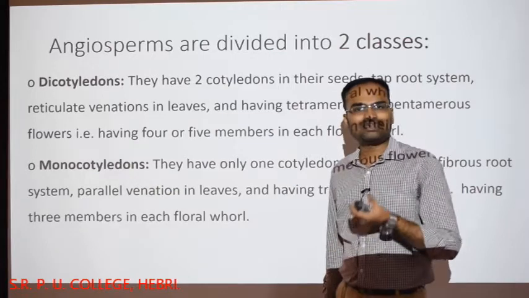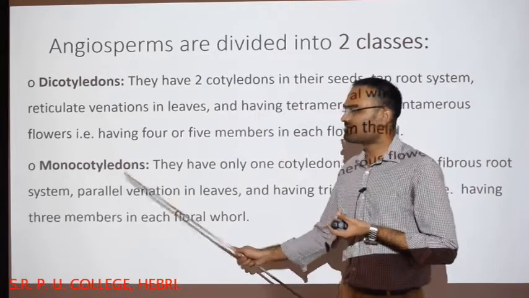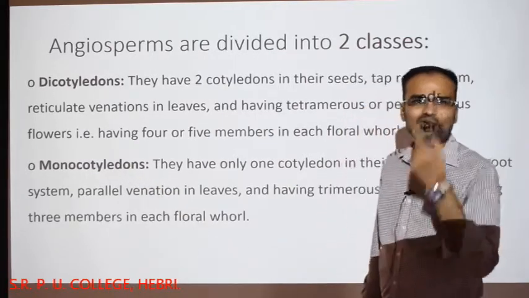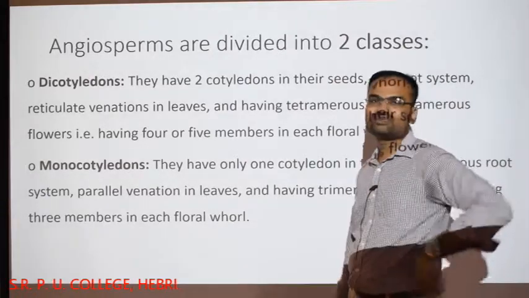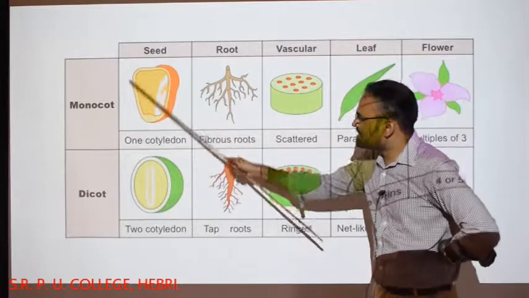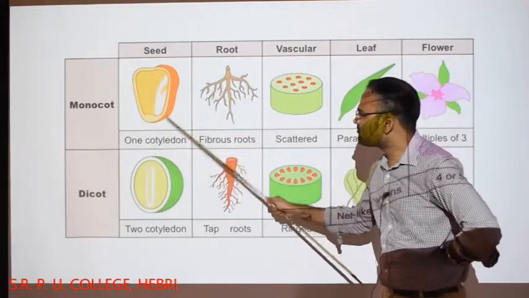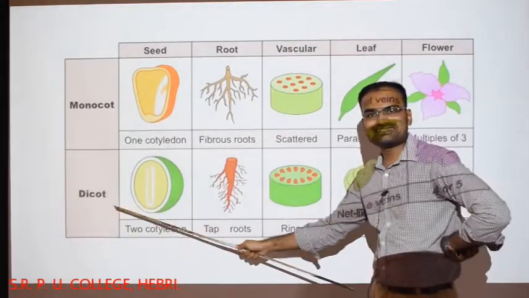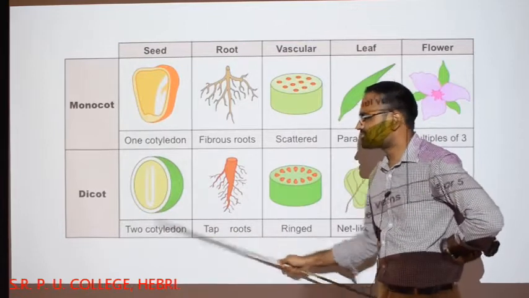Monocotyledon: mono means single, cotyledon is a seed segment. Only one cotyledon is present in the seed. In the diagram you can observe, this is the seed of a monocot, only one cotyledon is present. This is a dicot seed, 2 cotyledons are present.